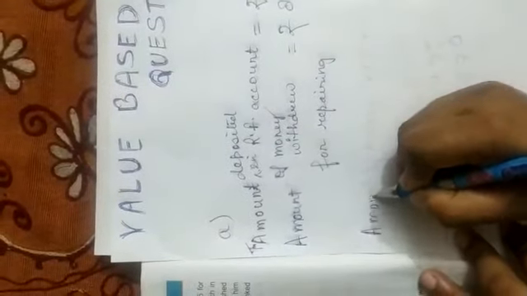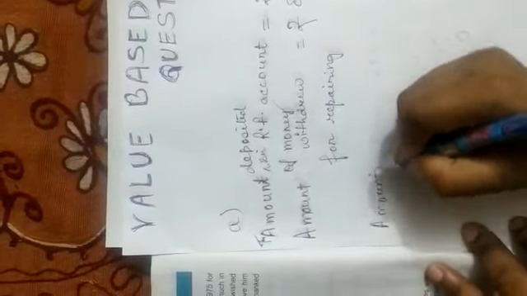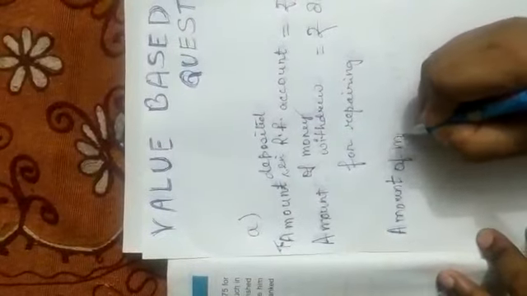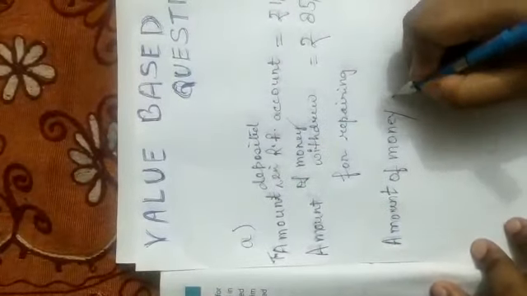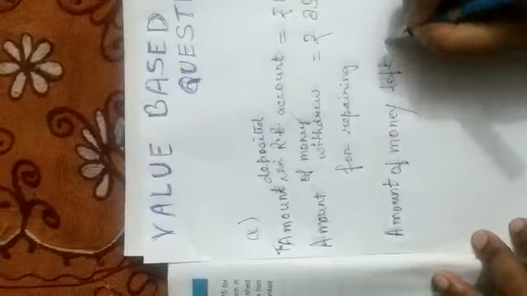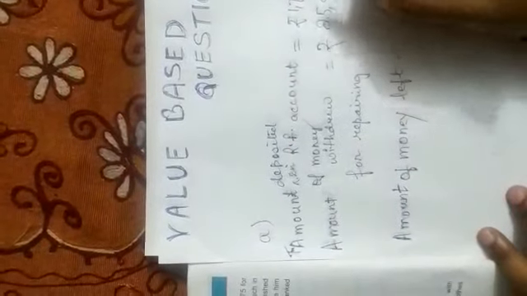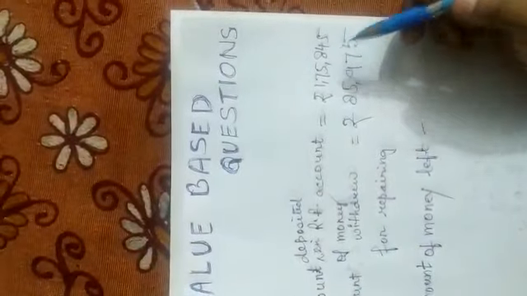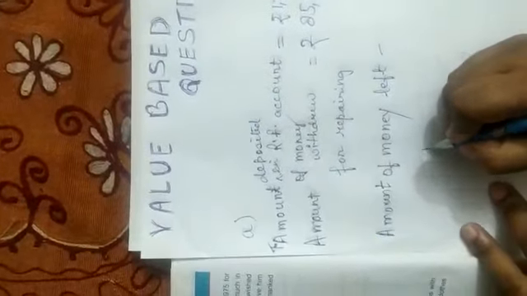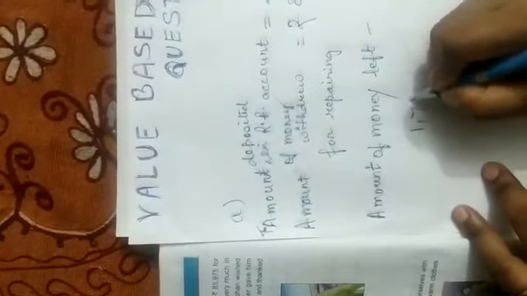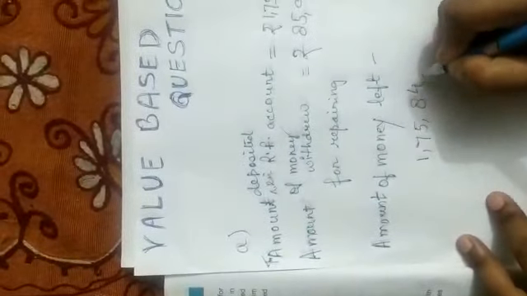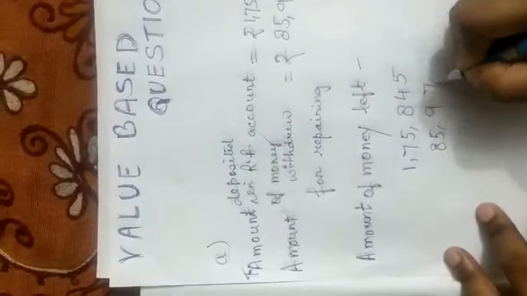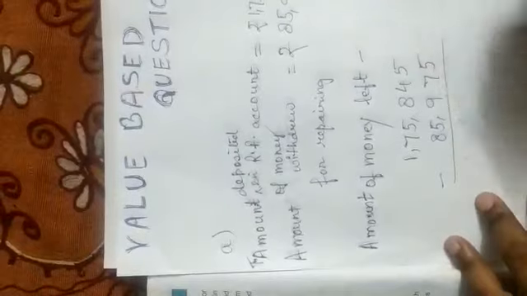So the amount of money left in the bank account, what will we do? We will subtract the withdrawn money from the total amount that is deposited in the bank. So total amount is 1,75,845 and the amount withdrawn is 85,975. So let's subtract.